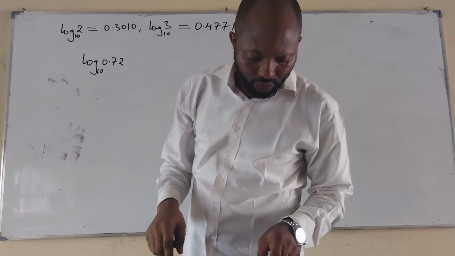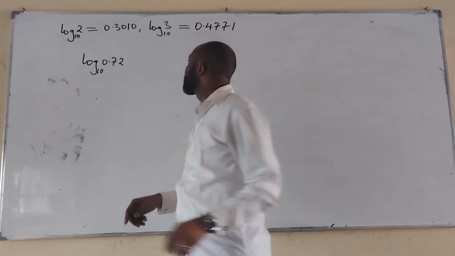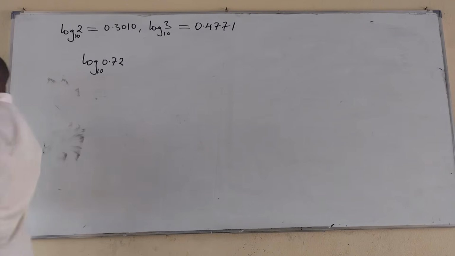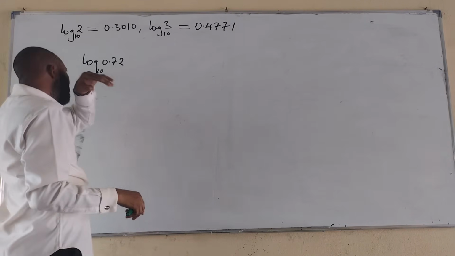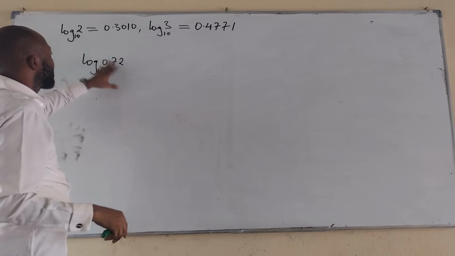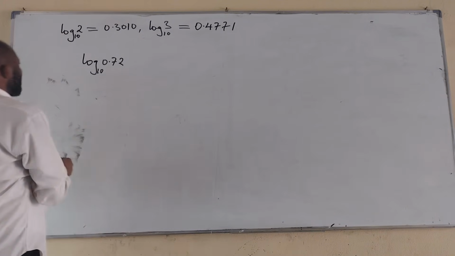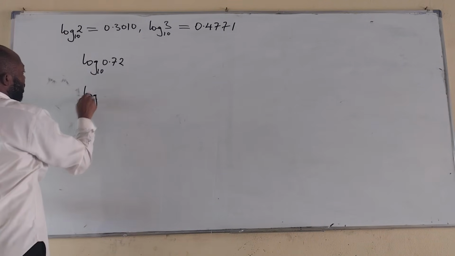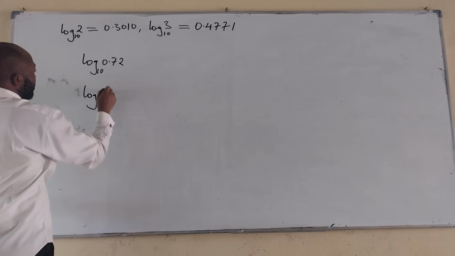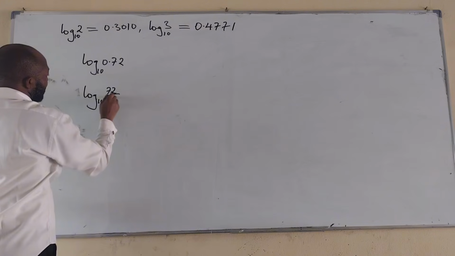Okay, I've seen it. 0.72. So first of all, we have to convert it into a fractional value. So this becomes the log in base 10 of 72 over 100.